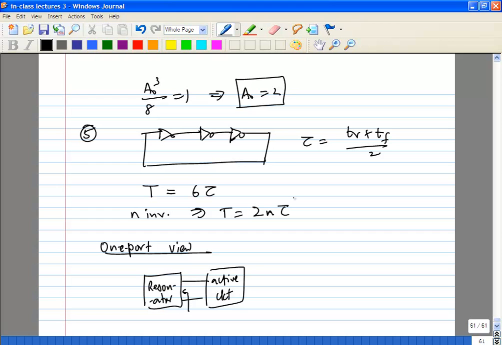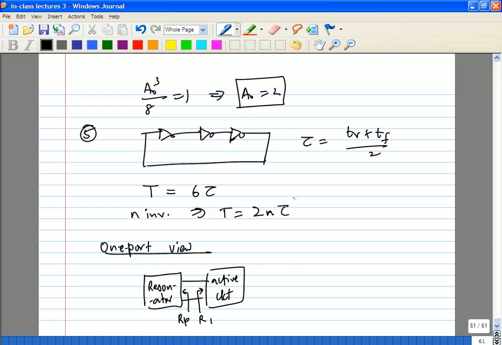The resonator has some overall resistance Rp, and the active circuit has some resistance R1.